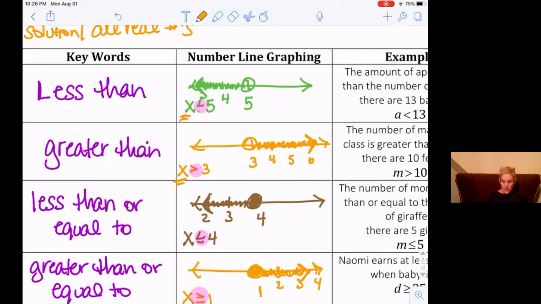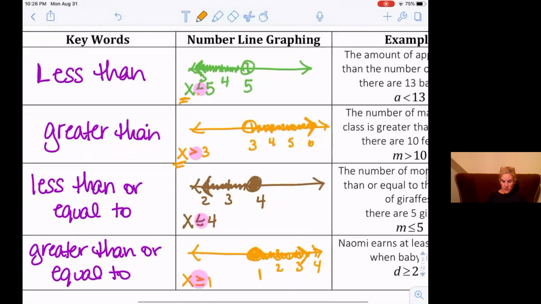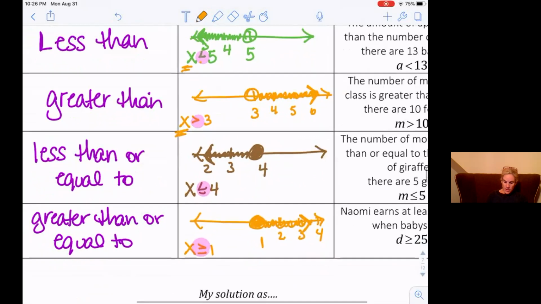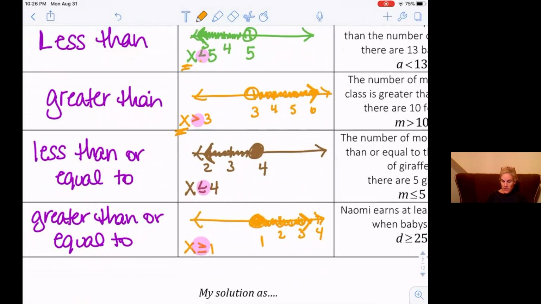For x is greater than 3, x was on the left side, the sign points right, and we shaded to the right. For that third one, x is less than or equal to 4, we shaded to the left, and for x is greater than or equal to 1, this is pointing to the right, and we ended up shading to the right.